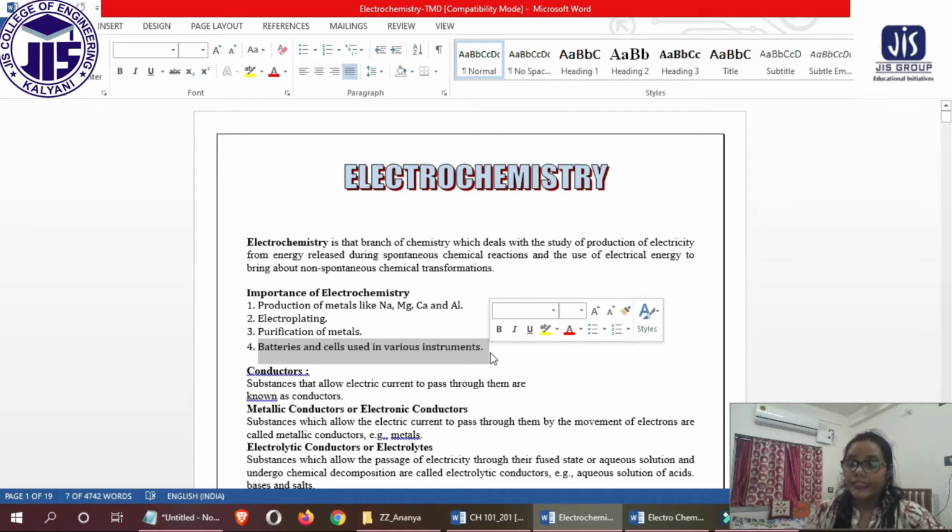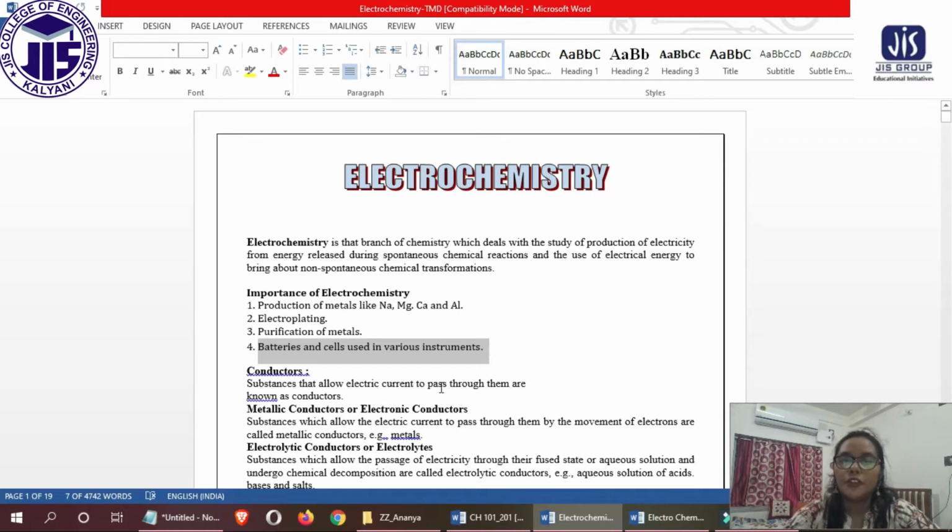For this we should have the knowledge of electrochemistry, and only then can we improve the batteries, improve the materials in the cells, and also purify the metals. So this is the importance of electrochemistry.